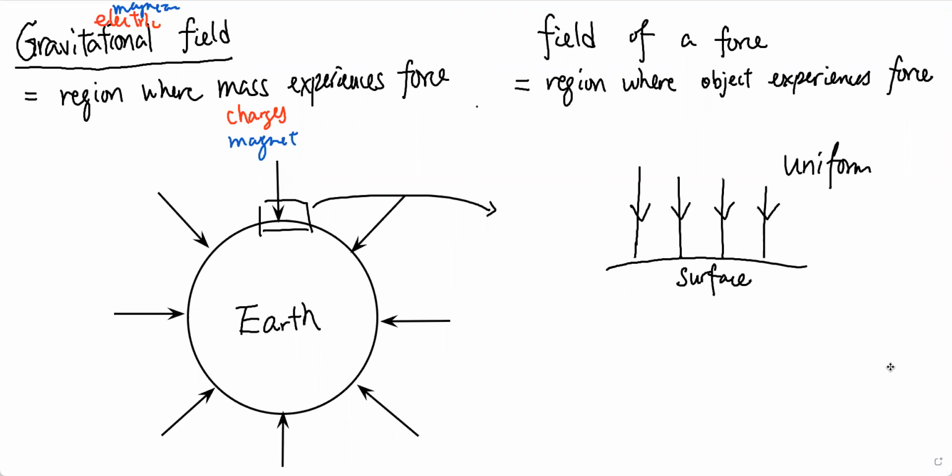And then we need a quantity to quantify the gravitational field. So that quantity we call the gravitational field strength. So you need to be aware of the question, whether the question asks you to define a gravitational field or gravitational field strength. These two are different things. So for gravitational field strength, we use the symbol small g.